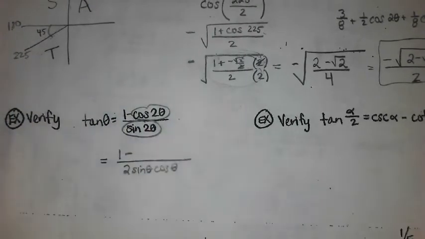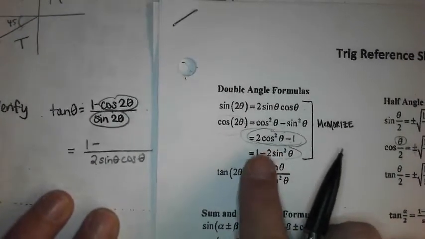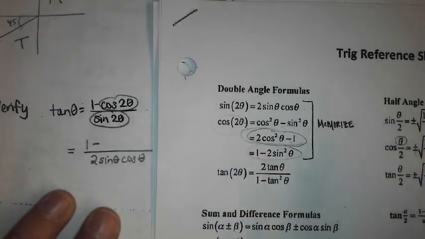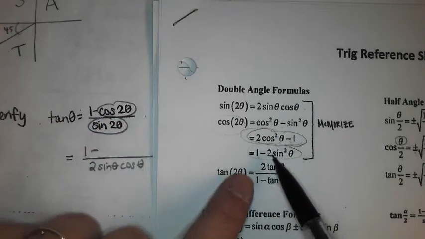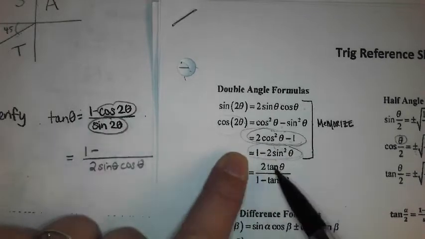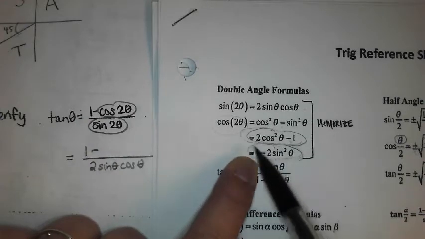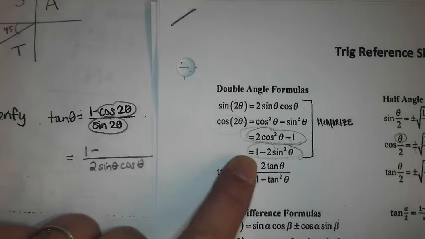Here's my thought process. If I use this one, my 1's will cancel. Do you see that? And that to me is good, because then I won't have a binomial up top.